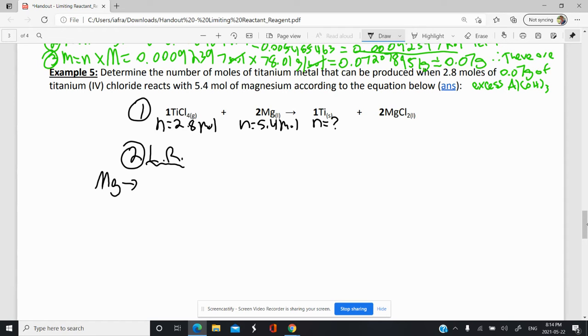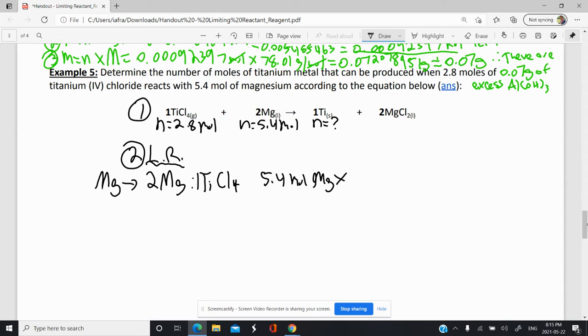So we know that we have 2 magnesium for every 1 titanium 4-chloride that'll react. So I'm going to take my moles of magnesium, 5.4 moles of Mg, and I'm going to multiply it by that ratio.